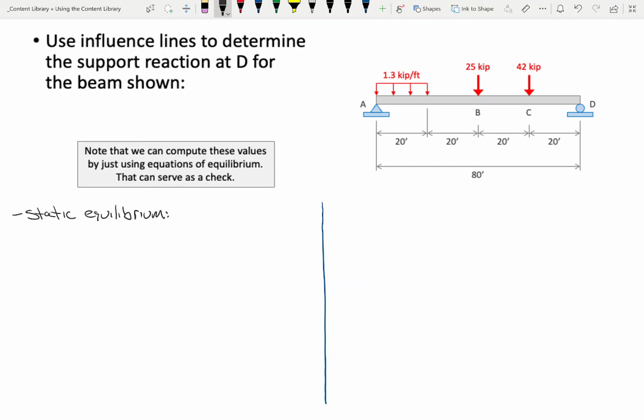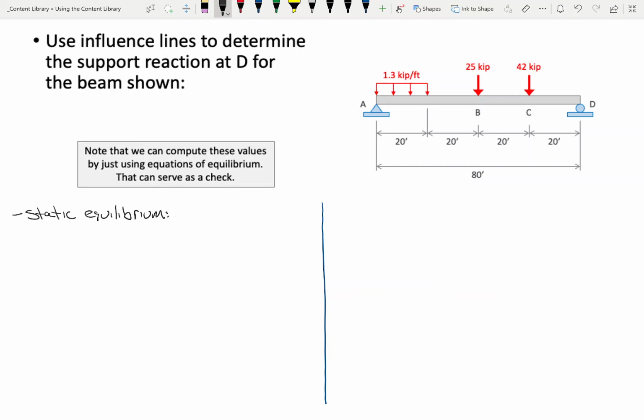That's basically a fancy way of saying, if I gave you this beam and asked you to determine the reaction at D, what would you do? Ignoring influence lines, this isn't a trick question. If I asked you to calculate the reaction at D for this beam, what would you do?